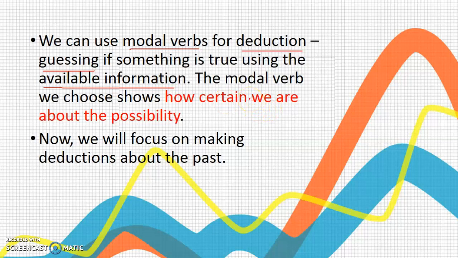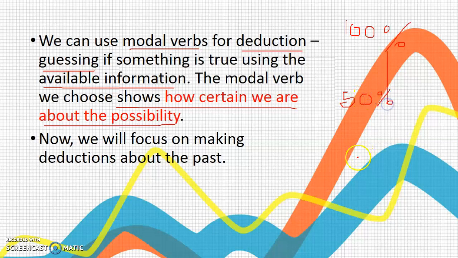Depending on the modal verb that we use, we are going to show how certain we are about the possibility. If we are really certain about a possibility, 100% certain, or maybe we have some doubts, we are not certain at all, or maybe there is zero certainty, we express that depending on the modal verb we choose.